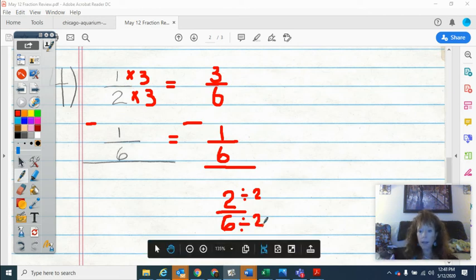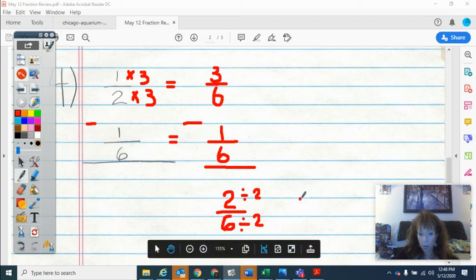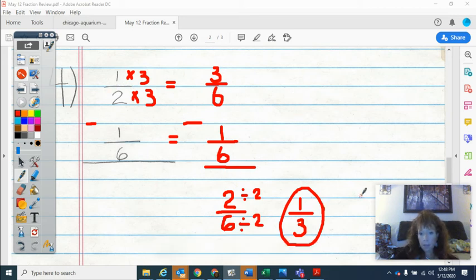So I'm going to find my final simplified answer, a fraction that is equal to 2/6, but it's in simplest form. 2 divided by 2 is 1. And 6 divided by 2 is 3. And so my final answer, the best answer, is 1/3. So 1/2 minus 1/6 is 1/3.